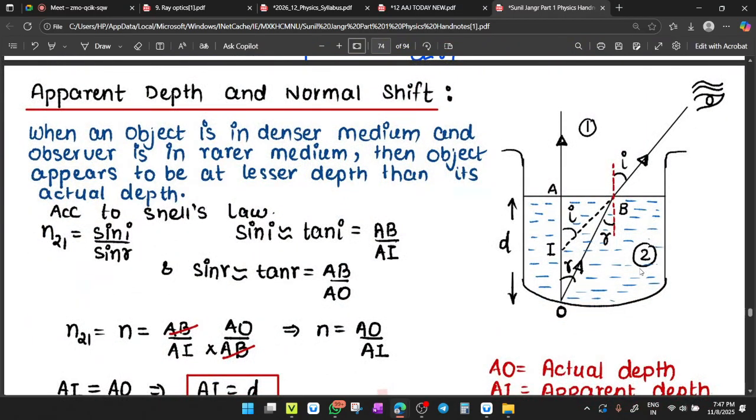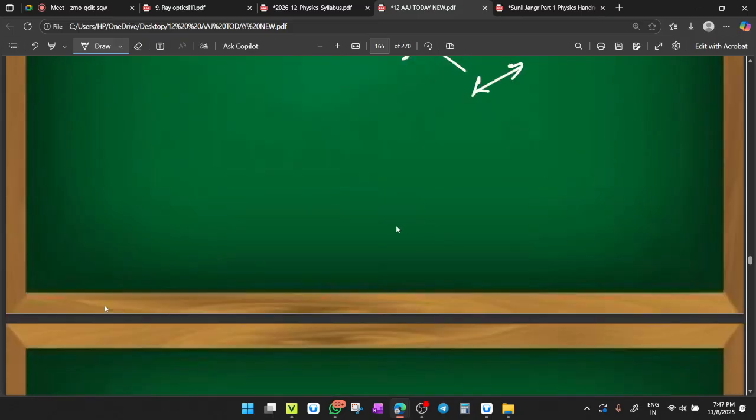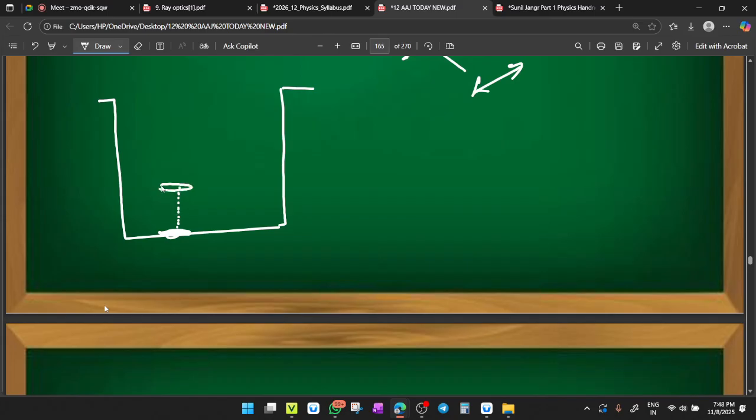Okay, so what is apparent depth? Maybe in some practical situation, we have found that when we drop a coin inside a liquid bucket or something, it looks somehow raised upward from the bottom surface.